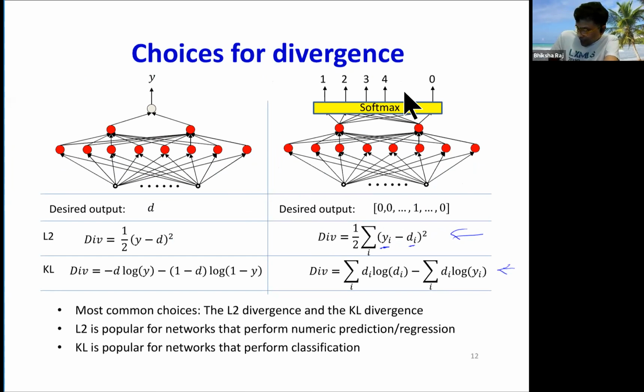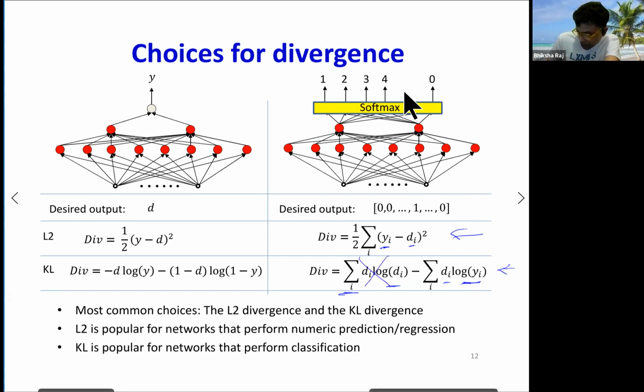The KL divergence is a somewhat more complicated function that is preferred when we want to perform classification. It's the sum over all classes of the desired output times the log of the desired output, minus the sum over all classes of the desired output times the log of the output of the network for the class.